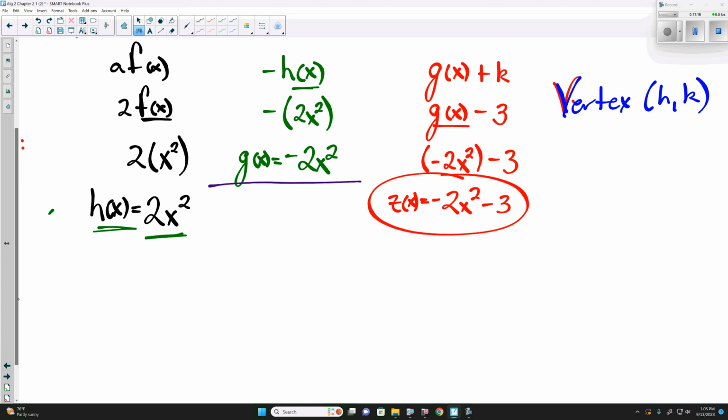No? Now, vertex is h comma k, and this is again coming from our a times x minus h squared plus k. The h value of the vertex comes from inside the parentheses for this one here, and k comes from outside.